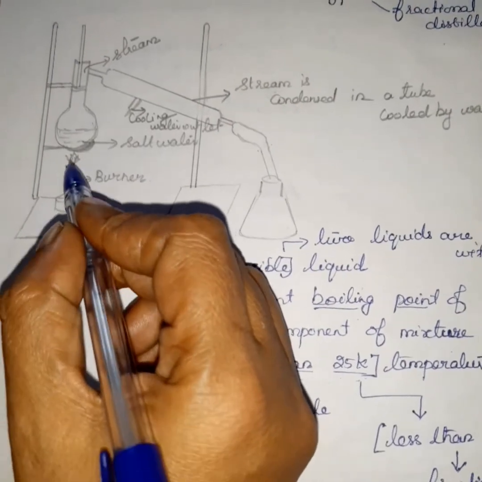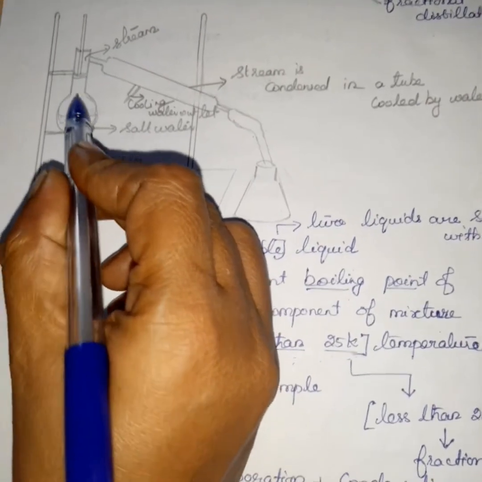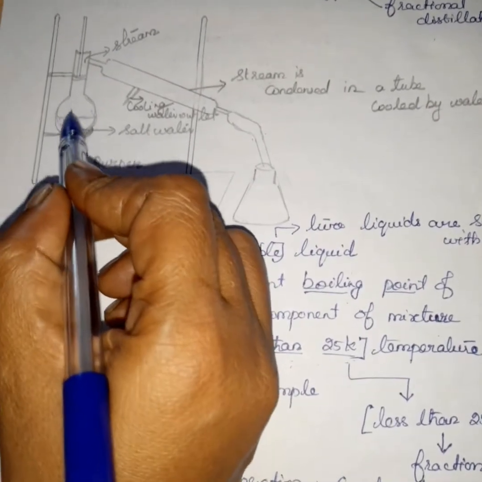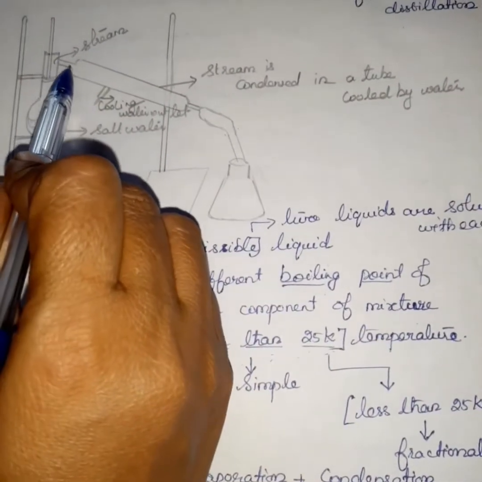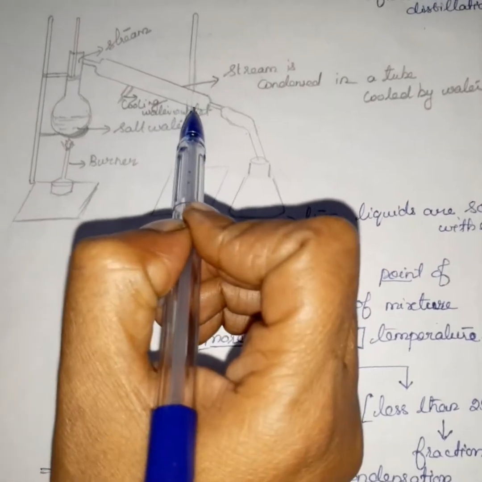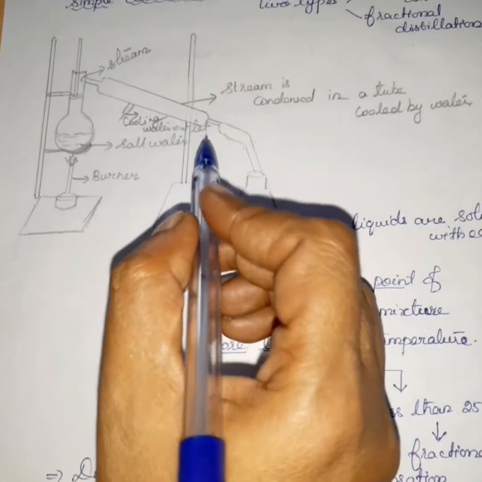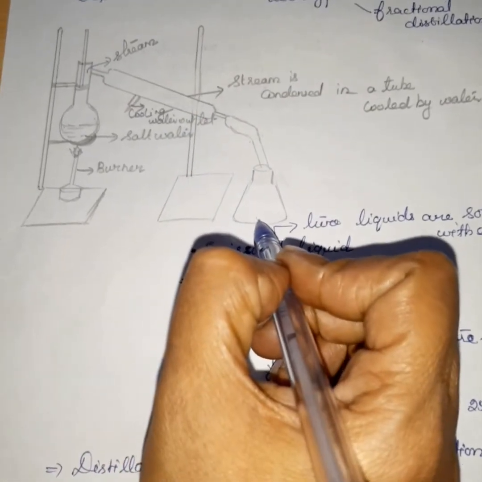Now what happened here? You see the pure water starts to vaporize. Then it passes through the inner tube of the condenser and is condensed, and it is collected in the beaker.